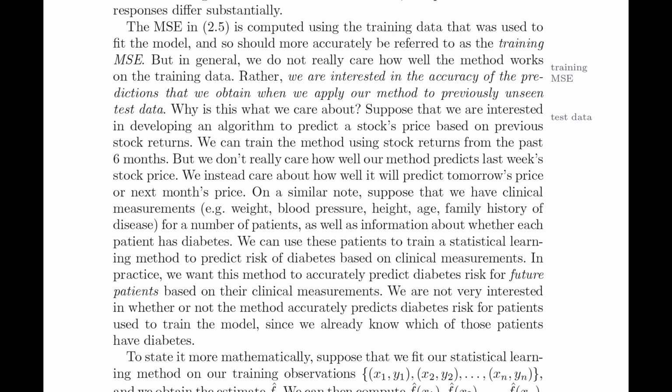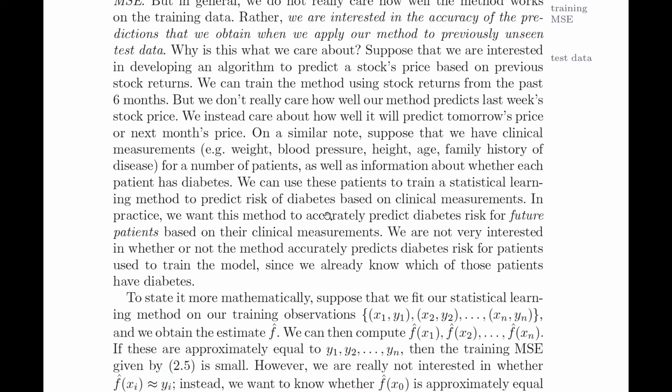On a similar note, suppose that we have clinical measurements, weight, blood pressure, height, age, family history of disease for a number of patients, as well as information about whether each patient has diabetes. We can use these patients to train a statistical learning method, so that's your historical data, to predict risk of diabetes based on these clinical measurements. But going into practice, we want this method to accurately predict the risk of diabetes for future patients based on their clinical measurements.